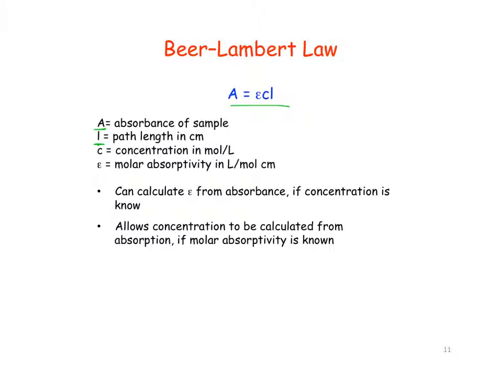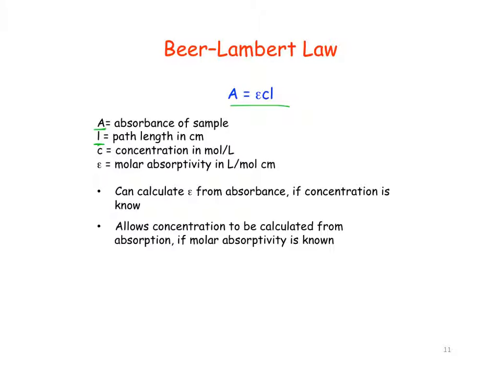You could imagine that if you have a very large sample container, as the light shines through it, it's going to run into lots of molecules and a lot of light would be absorbed. If you have a very tiny sample container, the light would go through and it wouldn't hit as many molecules, and so it wouldn't absorb as much. So we've got to take into account the size of the sample container.